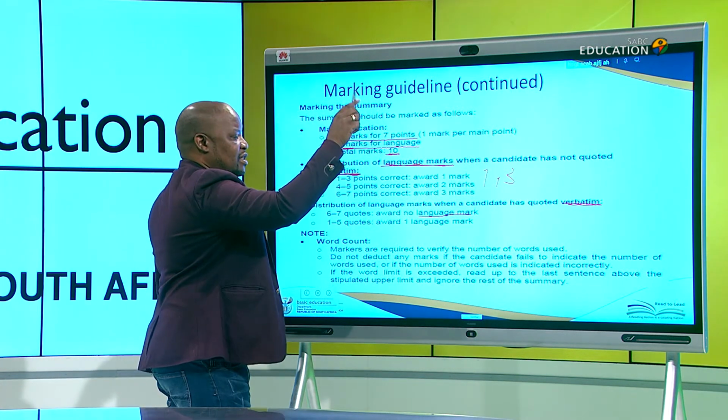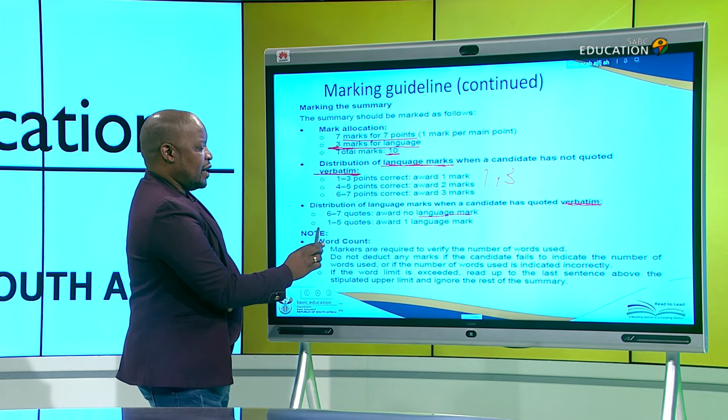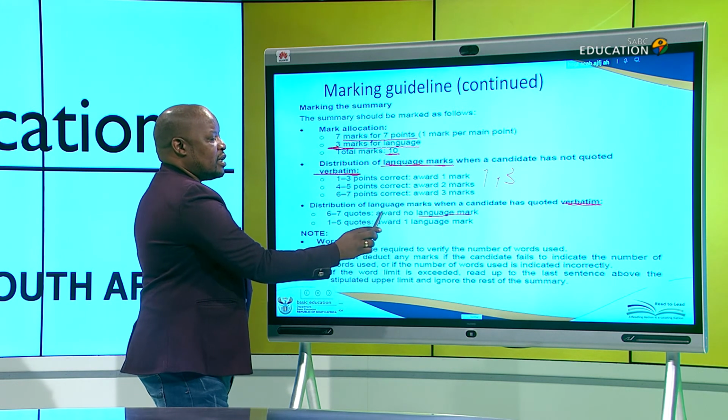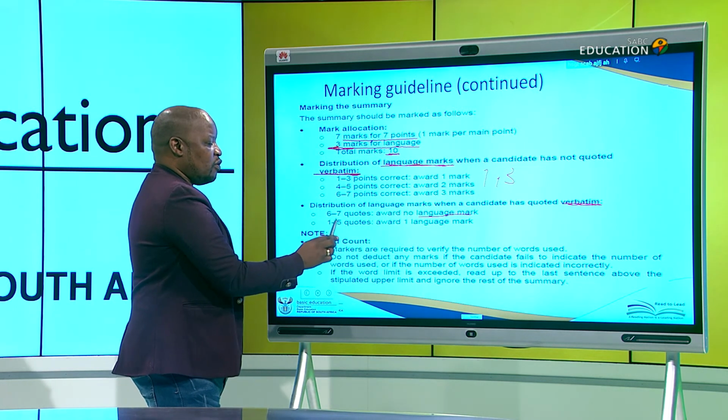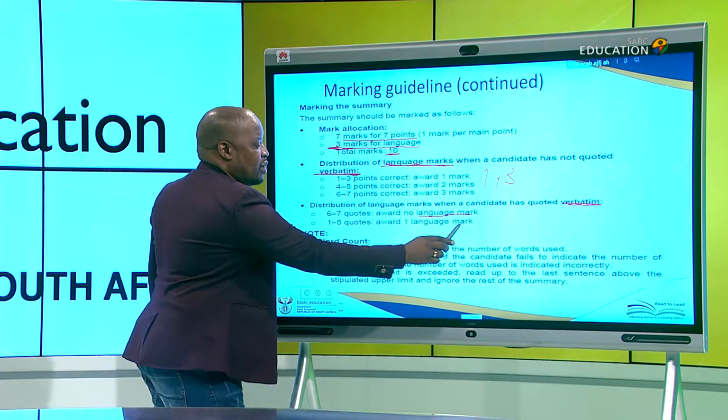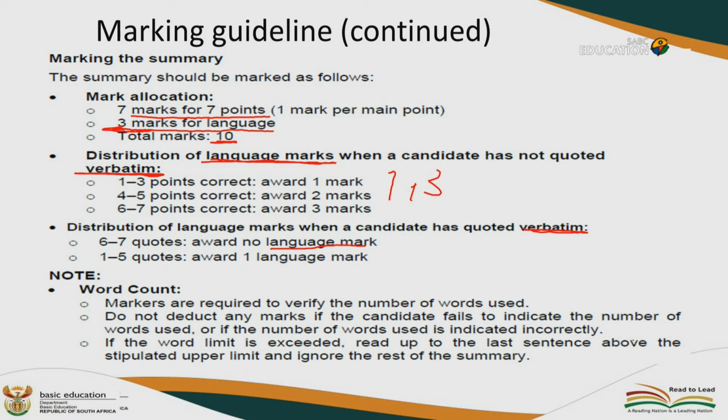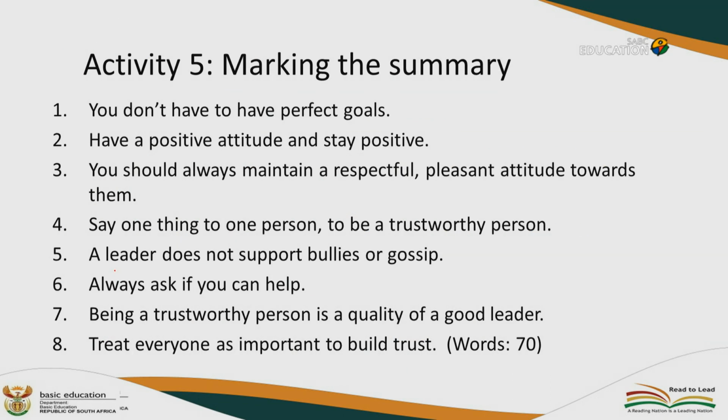That's why we have facts 5. But I want to come here. 6 to 7 quotes are what? No mark. 1 to 5 quotes are what? 1 language mark. We have 2 points that were quotations. So it falls under here, 1 to 5. That's why it was only one language mark given there.